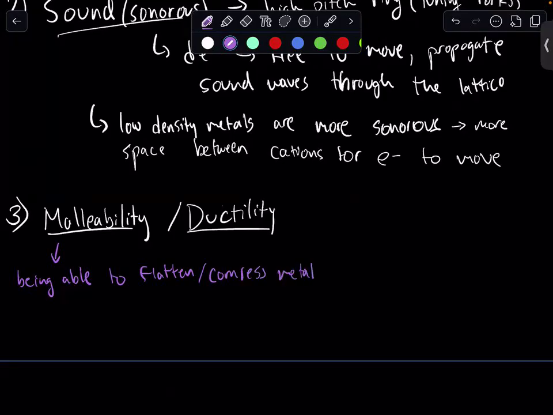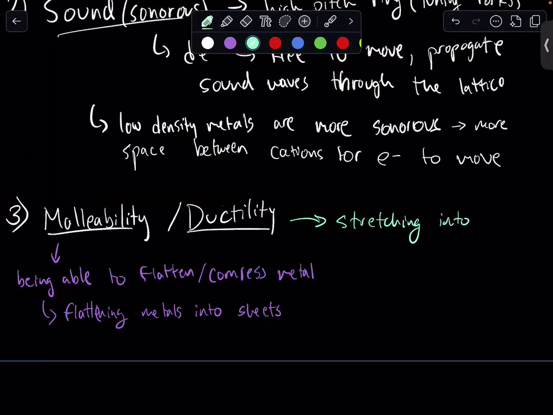So if you hit it with a hammer, this is a pushing force. Generally, we think about it as flattening metals into sheets. Meanwhile, ductility is stretching, and that's pulling force, and we stretch it into wires. So we use the ductility property to make all our metal wires. We use malleability to make our metal sheets, such as even things like aluminum foil comes from that malleability.